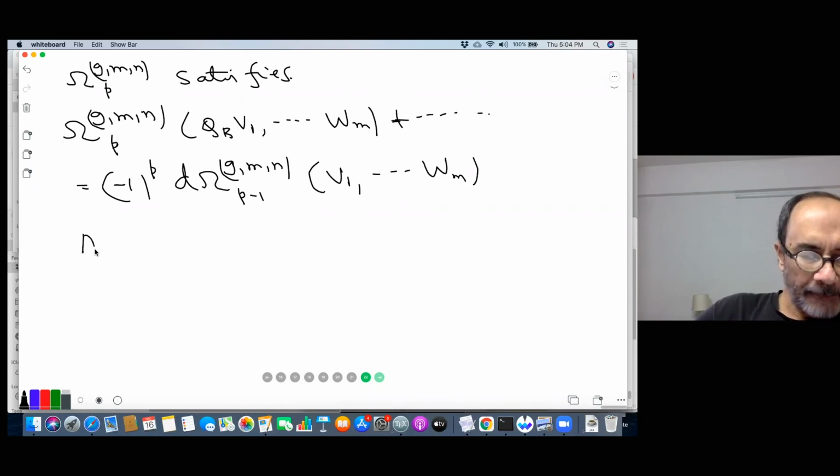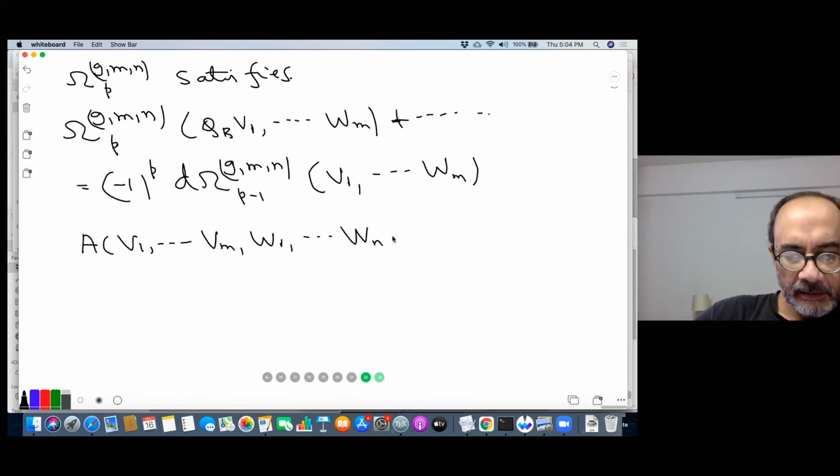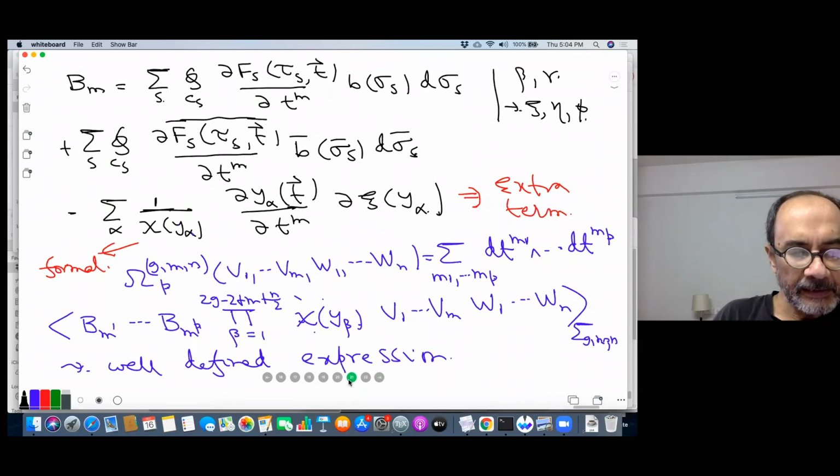So now I can write down the amplitude A V1 to Vn, Vm, W1 to Wn. It will be this GS factor. Oh, I should have also written some minus 2 pi i factors.